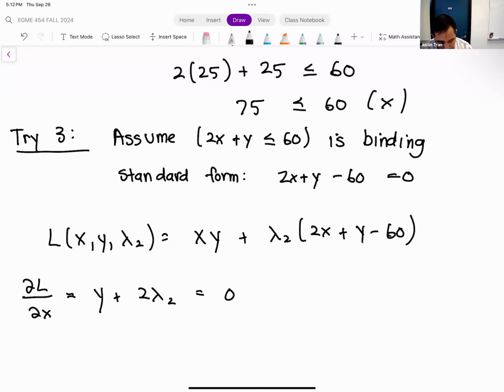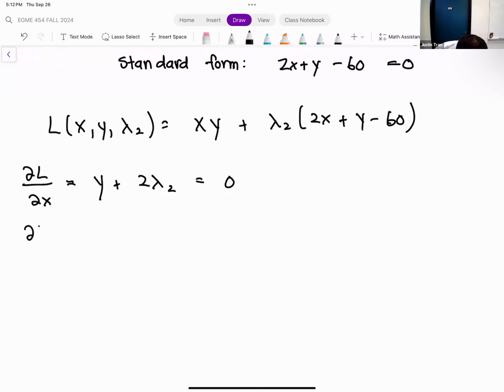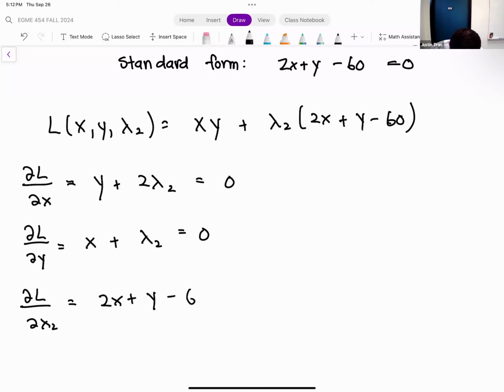Now let's take the partial derivative with respect to y. We get x plus lambda 2 is equal to 0. And then we take the partial derivative with respect to lambda 2. This just gives us our constraint, 2x plus y minus 60.